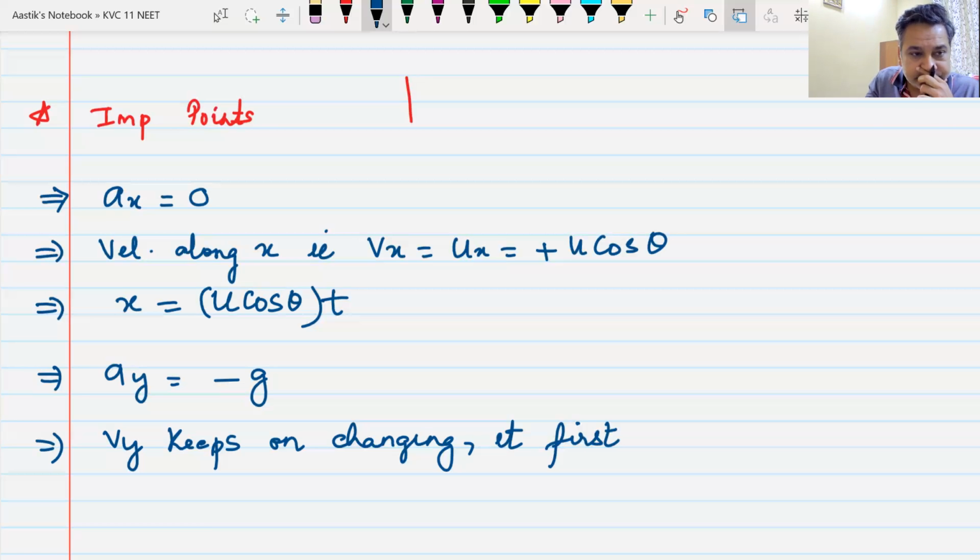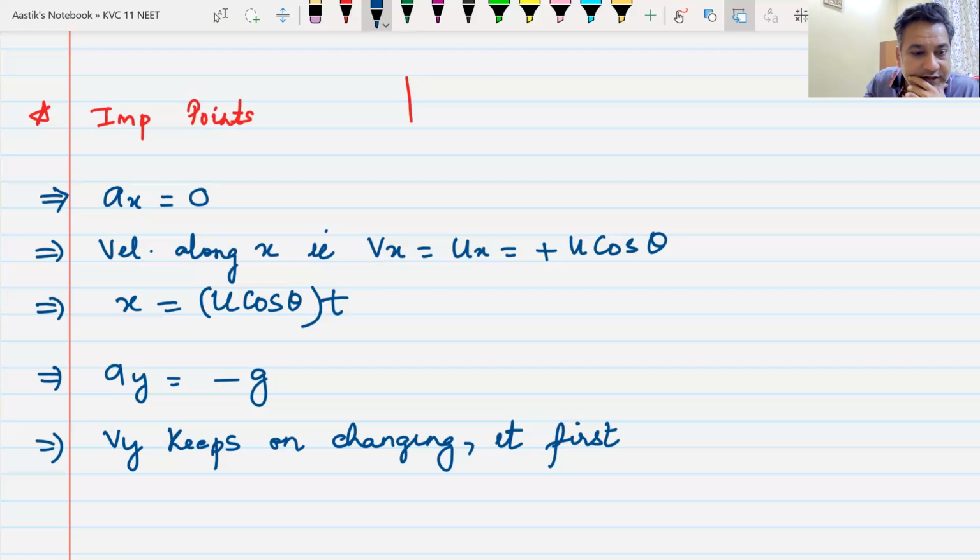Increases. Vertical velocity increases. Okay.